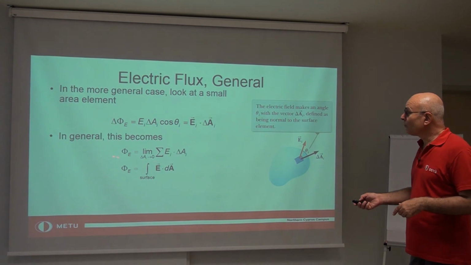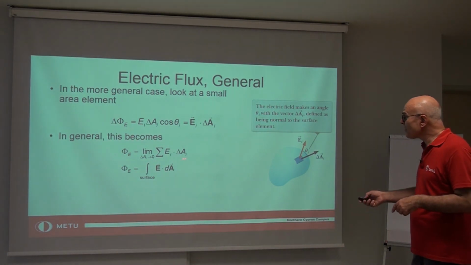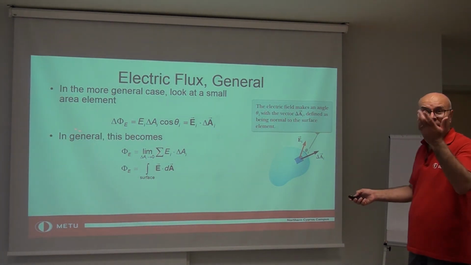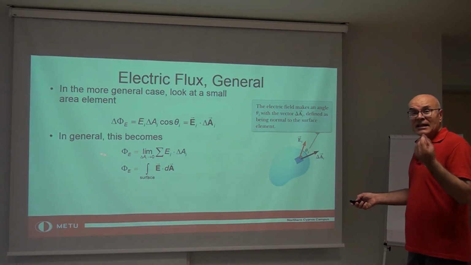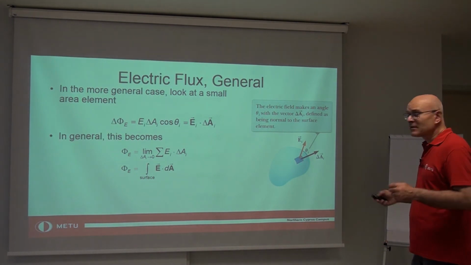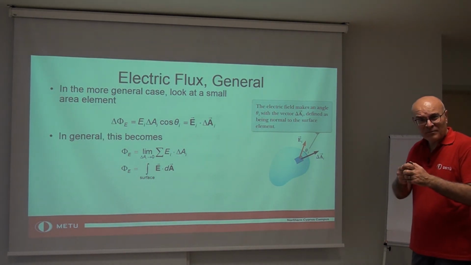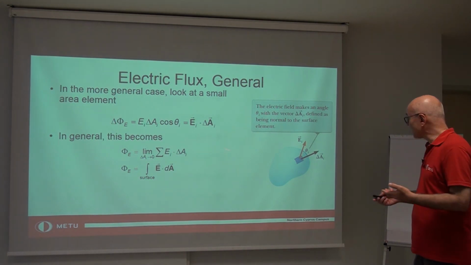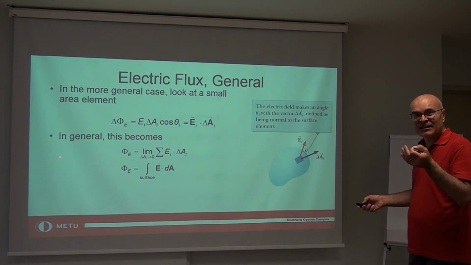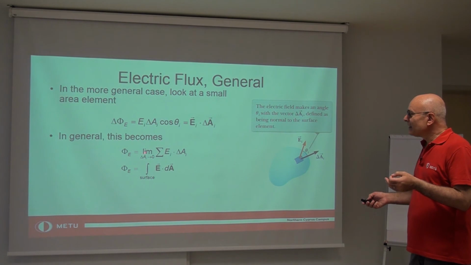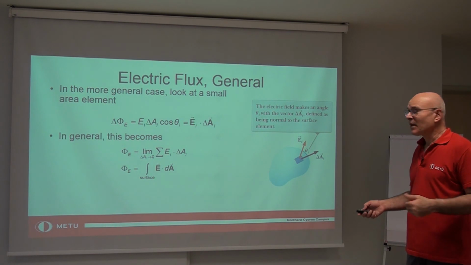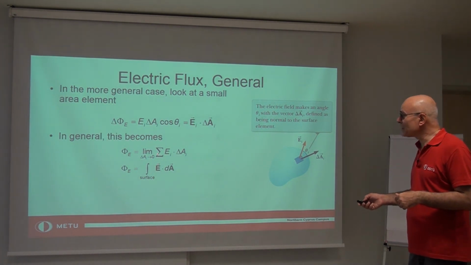Now, to find the flux through the whole surface, you sum all these flux elements, delta phi_i's. This summation goes from 1 to n. In the limit, when delta A_i goes to 0, when you shrink them to 0, in other words, you make their number infinite, then this becomes exactly the flux. This limit, which is probably reminiscent of the Riemann sum in calculus, reduces to an integral.